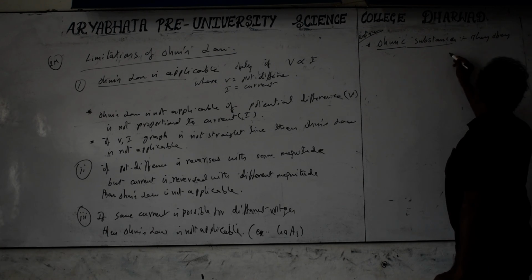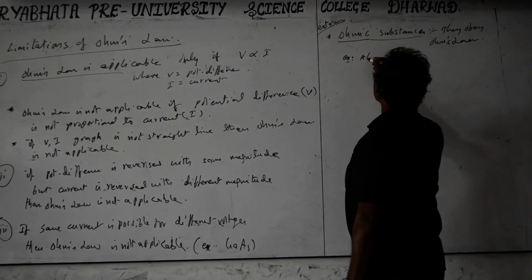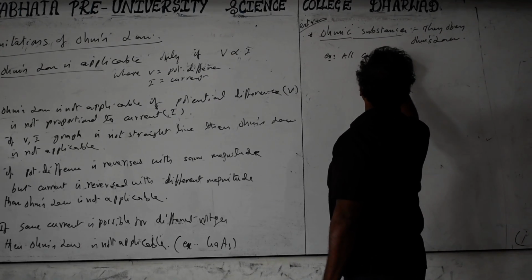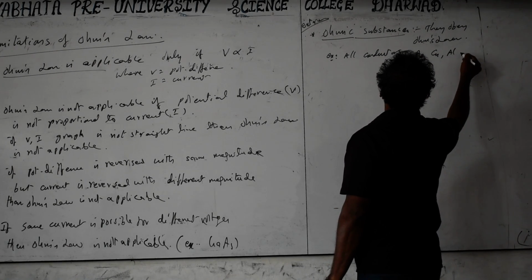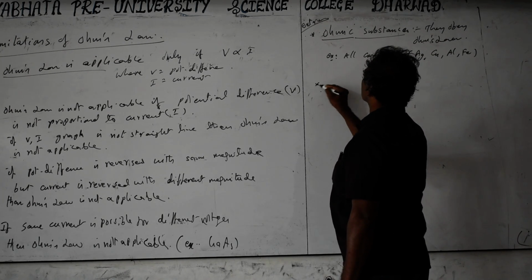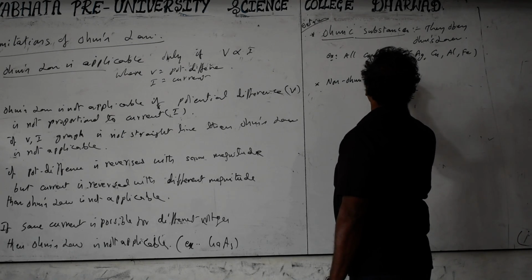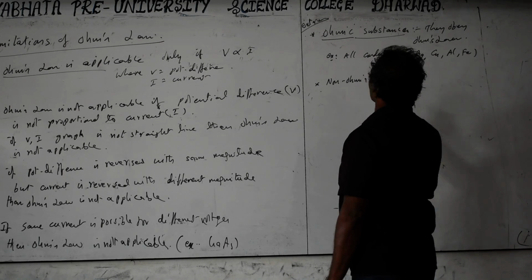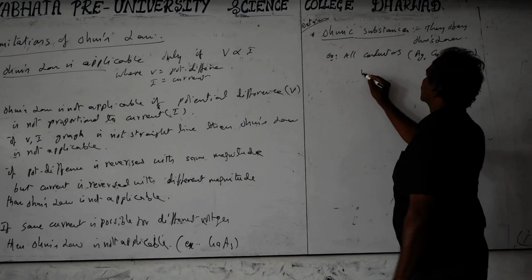Examples are all conductors like silver, copper, aluminium, iron, etc. For ohmic substances, V is proportional to I is compulsory.